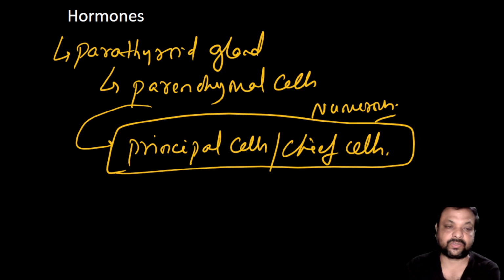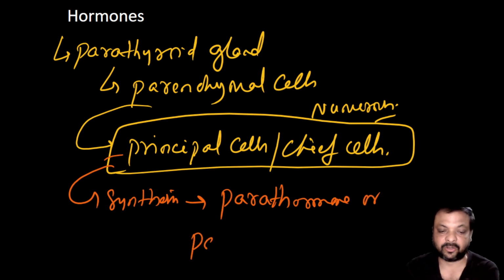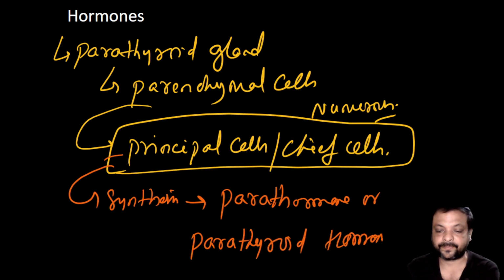And these particular cells normally synthesize the hormone called parathormone, or parathyroid hormone, or Collip's hormone. The scientist Collip discovered this hormone, so it is otherwise called Collip's hormone.